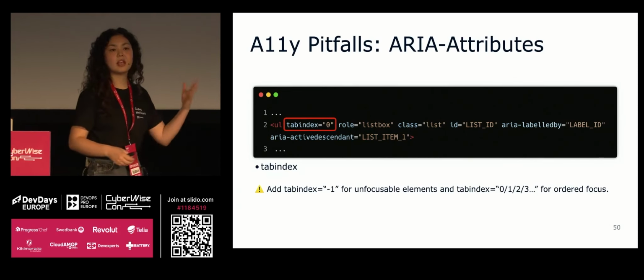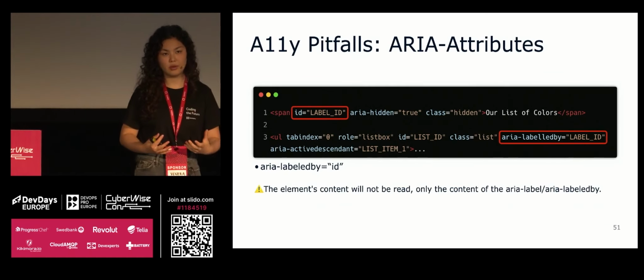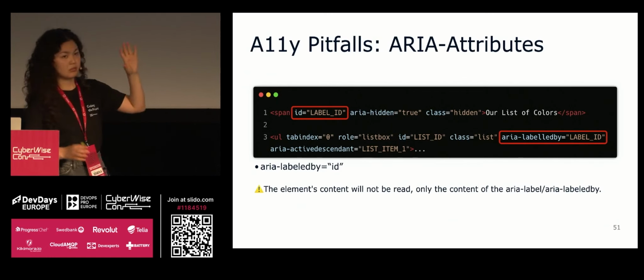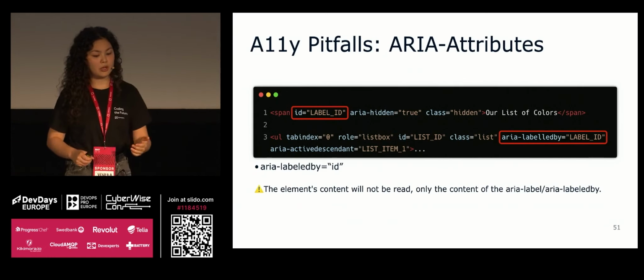And so it's very important for users with visual impairments to have context of a list, right? Because we sighted users just open a page and see the list of colors. Great, we don't need any explanation there. But here it is very, very important. So that's why I'm creating a label, our list of colors. It's just an example. And I'm connecting this label through the ARIA labelledby attribute to our list, where I'm passing the ID of that label.